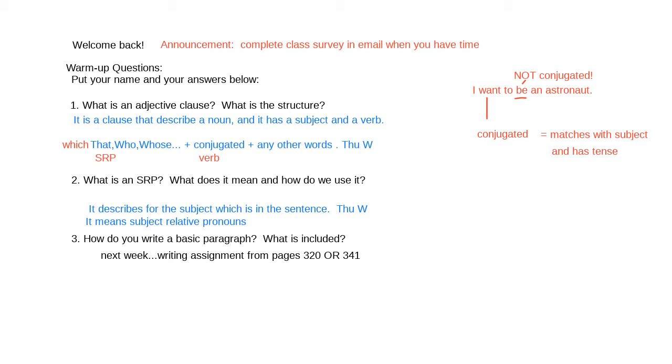The only verb that will change is the conjugated verb. So let me give you, oops, I didn't spell it. Did I spell it right? Astronaut, yeah. So if I change the subject and I use she now, then I also change the conjugated verb because the subject and the verb have to match.